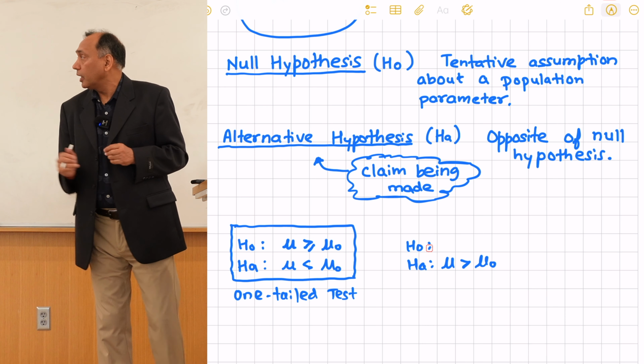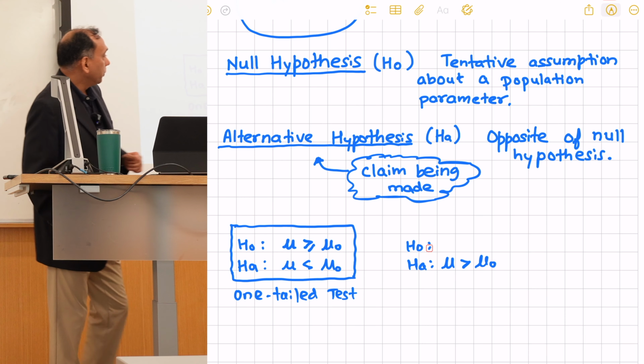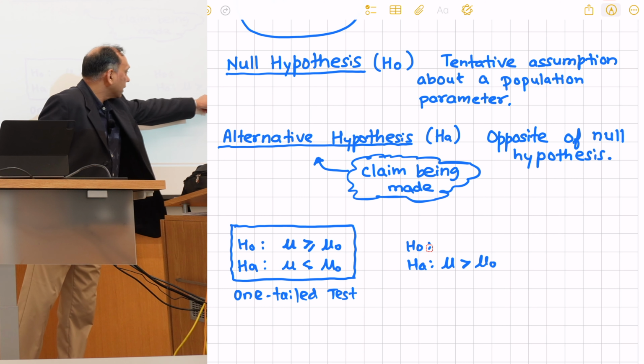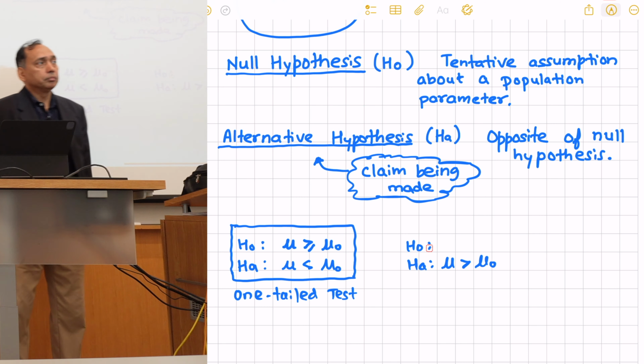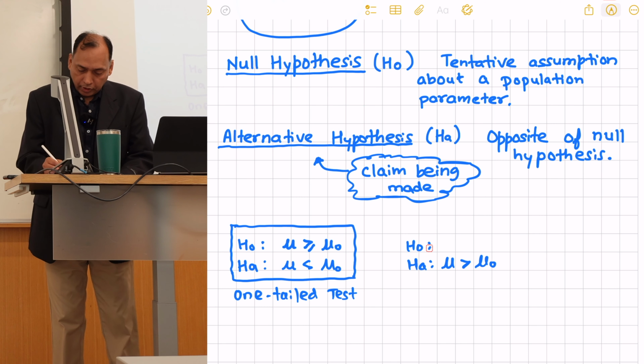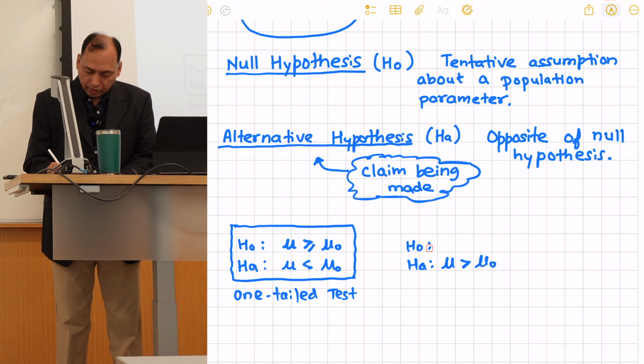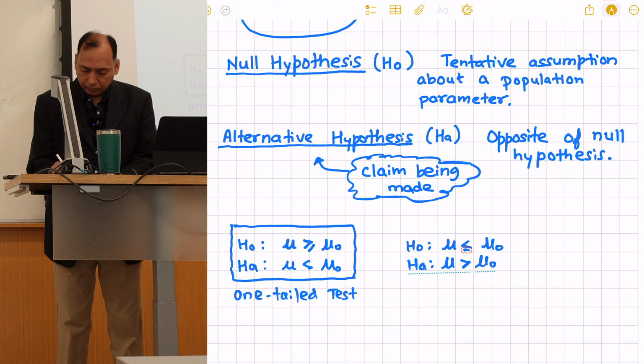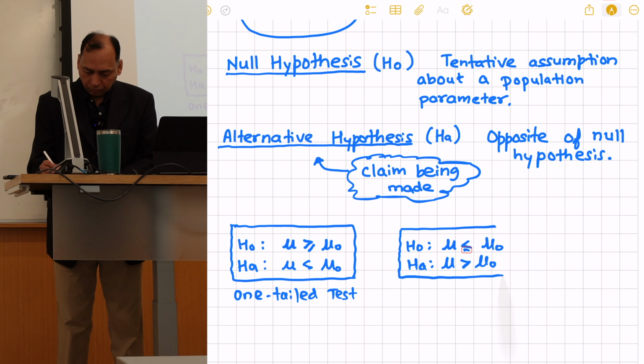So that could be a claim that mu is more than this constant 360 or something. Then you have the opposite of this, which is mu is less than or equal to mu 0. So this is also one-tailed, but on the right tail.